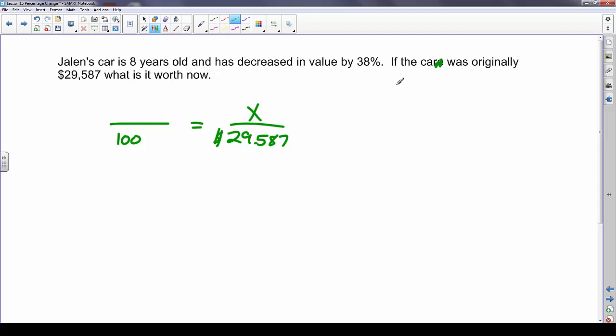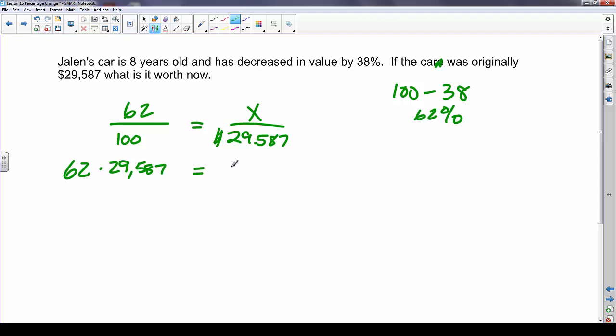So if I started at 100 and I decrease that by 38%, then I know I have a car that is 62% of its original value. So I'm going to put 62 up here. Again, I'll do a cross product. Take 62 times 29,587.